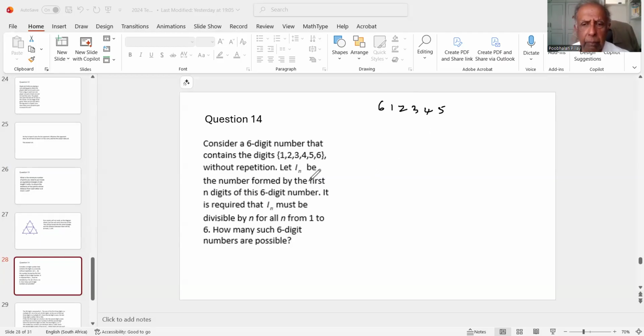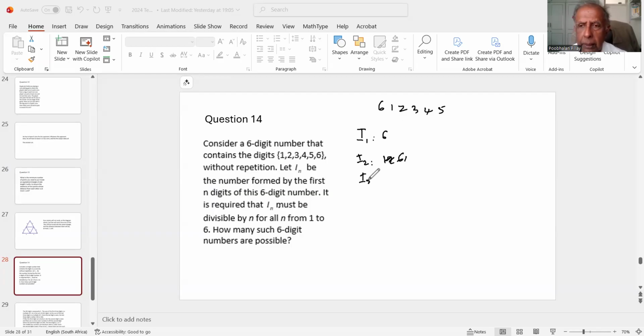Let I_n be the number formed by the first n digits. So I1 is 6. I subscript n, I2 is the number formed by the first 2 digits. So that's, oh, I'm sorry, 61.